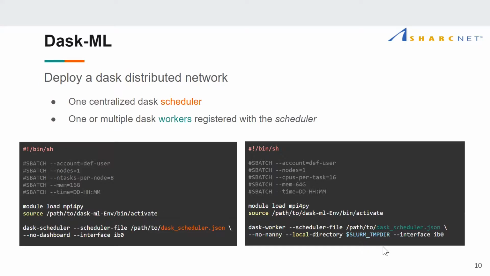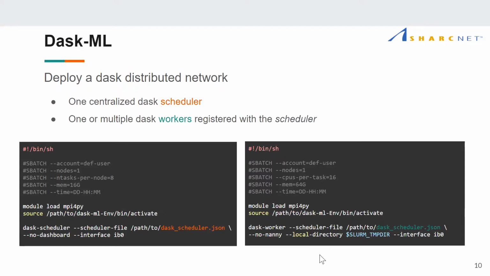The scheduler file provided here has to be exactly the same as the one you provided when starting the Dask scheduler. Similar to the scheduler, when starting a Dask worker, it will also fork a nanny process to monitor the execution of the Dask worker. You can turn off such a nanny process by providing --no-nanny.